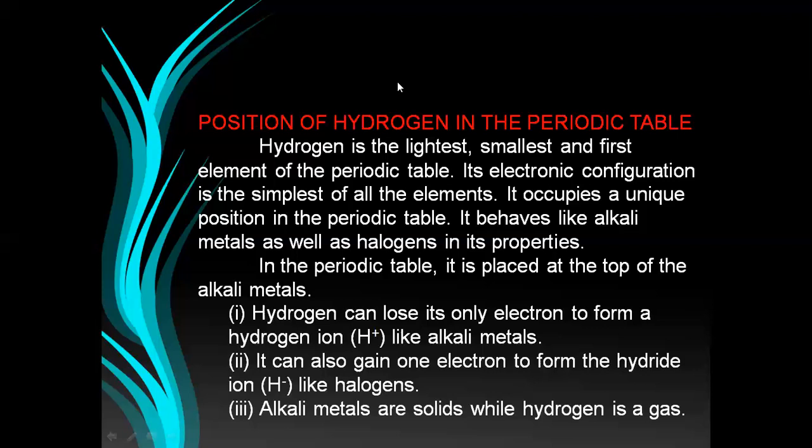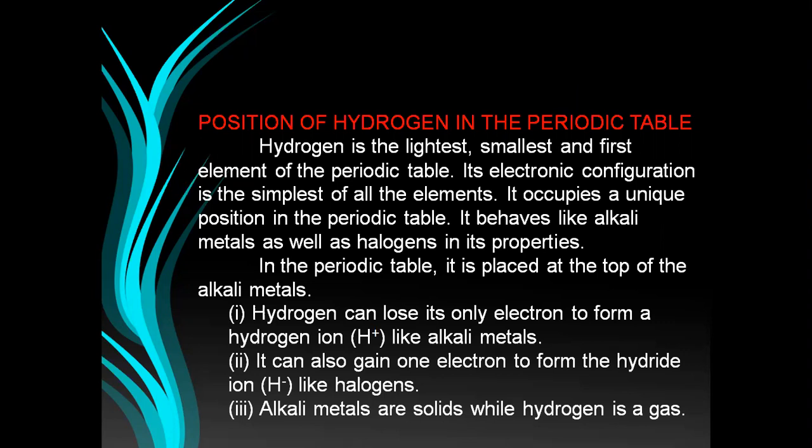So it occupies a specific place in the modern periodic table. If the hydrogen loses one electron, it forms the hydrogen ion. So if hydrogen loses 1 electron, what forms? Hydrogen ions, like the alkali metals.